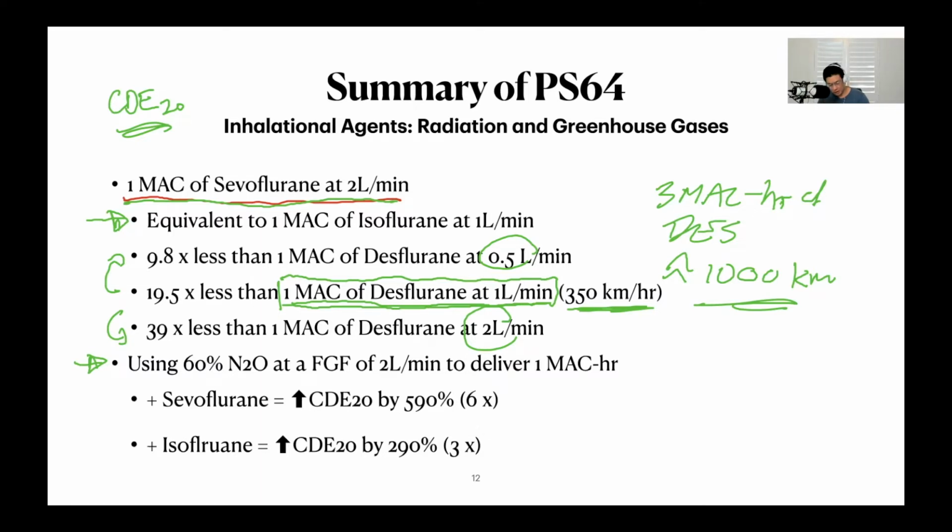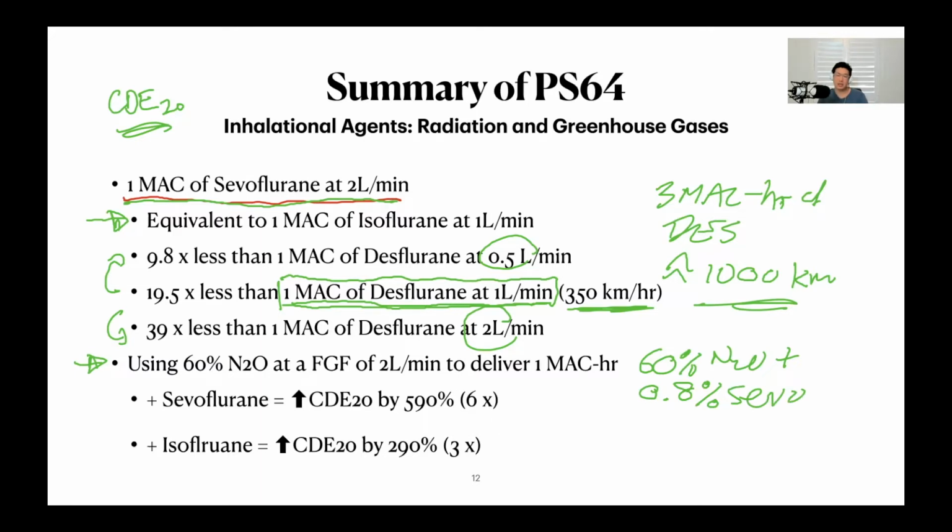So in other words, if you were to run 60% nitrous, which is probably about 0.6 of a MAC, you could probably run about 0.8% of sevo.